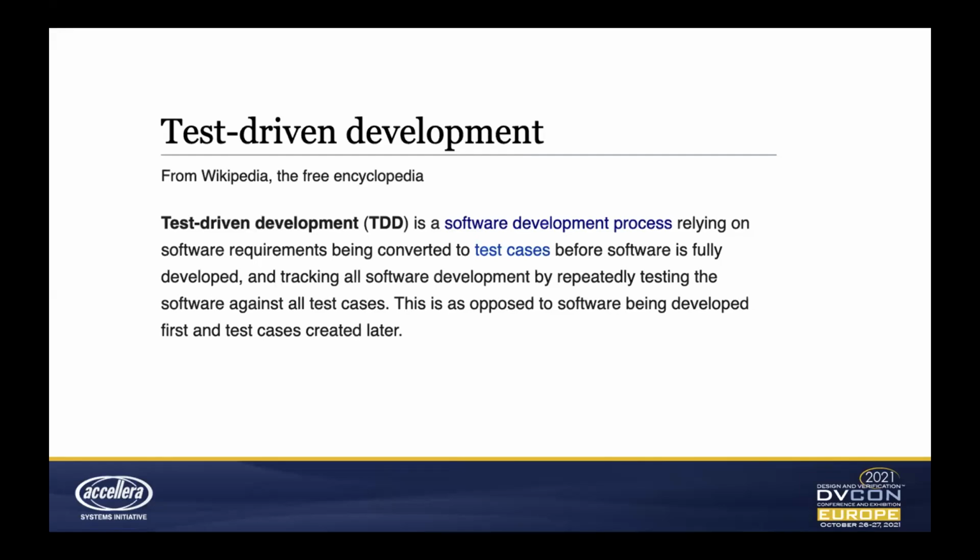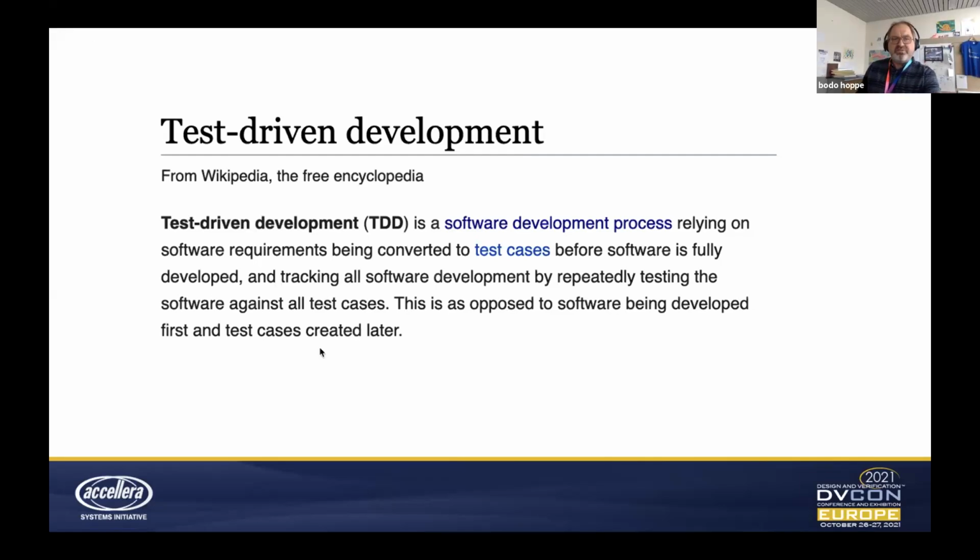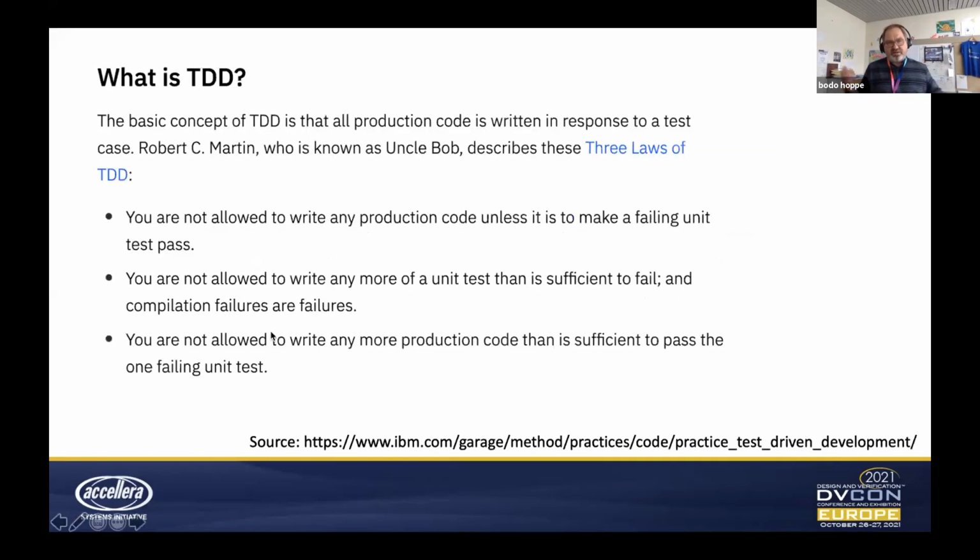Now, I looked further and asked, what does this really mean? I'm Bodo Hoppe, working at IBM, responsible for the System Z processor verification. I looked at an IBM source, the IBM Garage, and they have their method, using TDD with a base concept following the so-called Uncle Bob's rules.